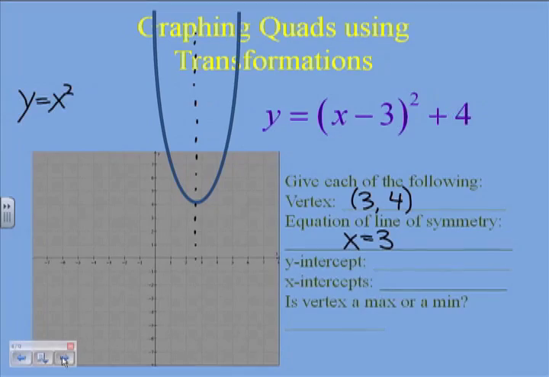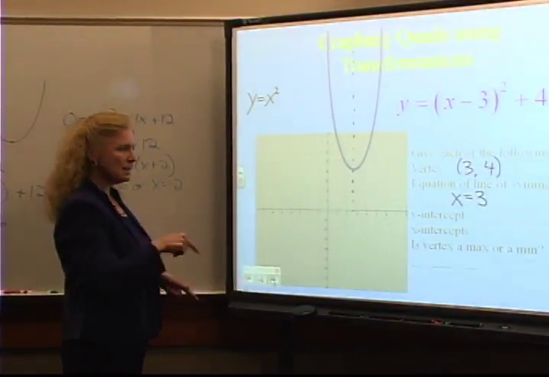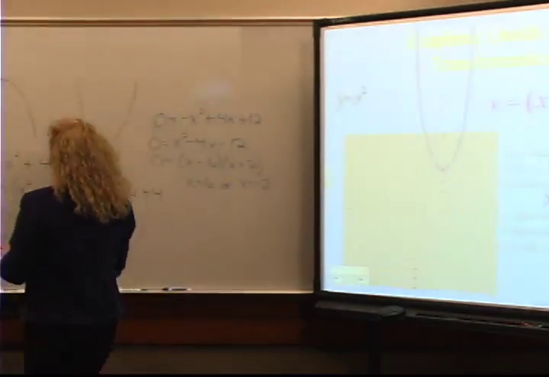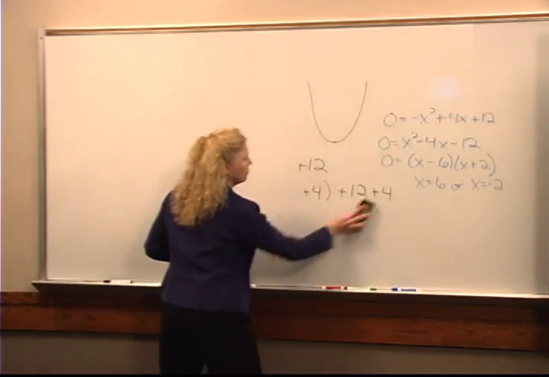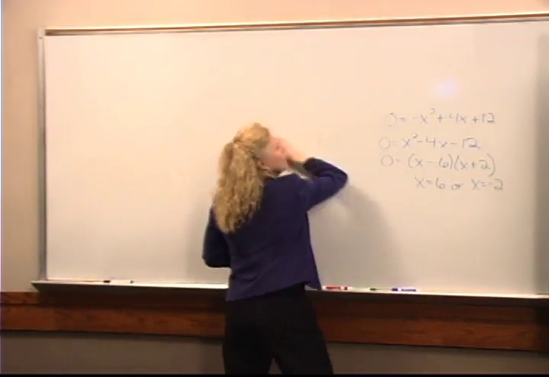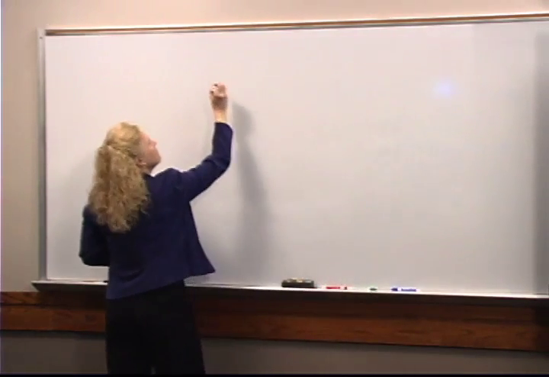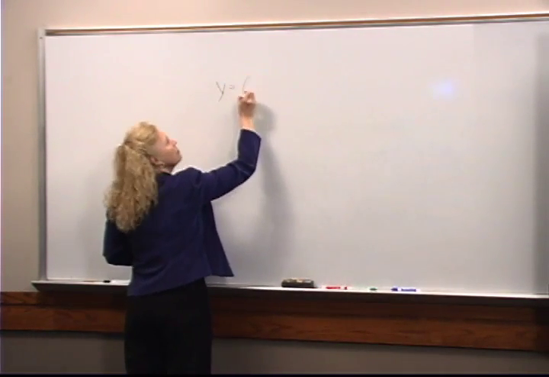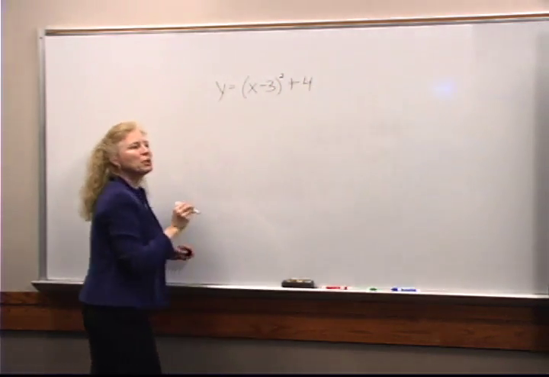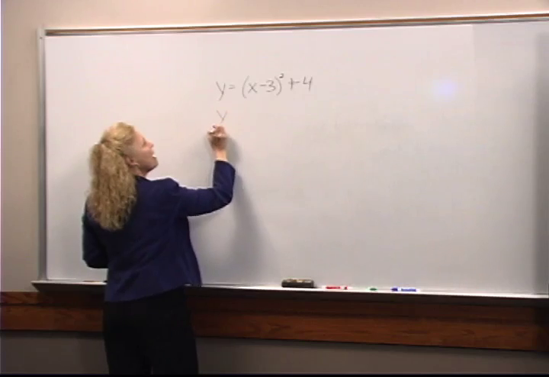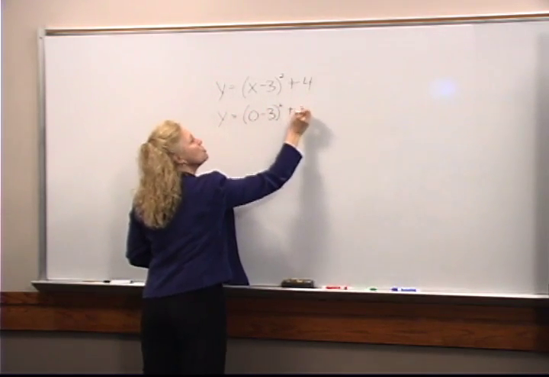Now, to get my y-intercept, remember I have to put 0 in for x. So if we put a 0 in for x, we have y is equal to 0 minus 3 squared plus 4.